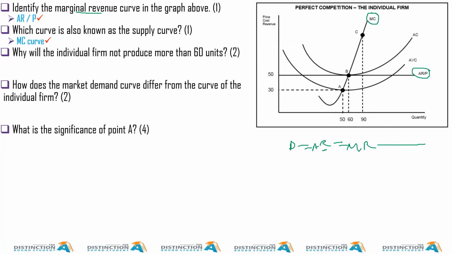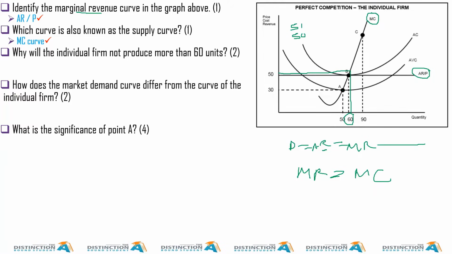Why will the individual firm not produce more than 60 units? So 60 units here is the profit maximizing point because that is where marginal revenue is equal to marginal cost. If you produce anything above 60 units, look, if you produce unit number 61, I'll just draw a weird line there, that unit costs, let's say it costs 51, and you sell it for 50.